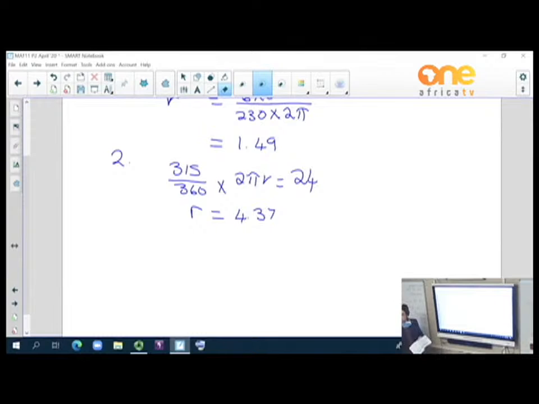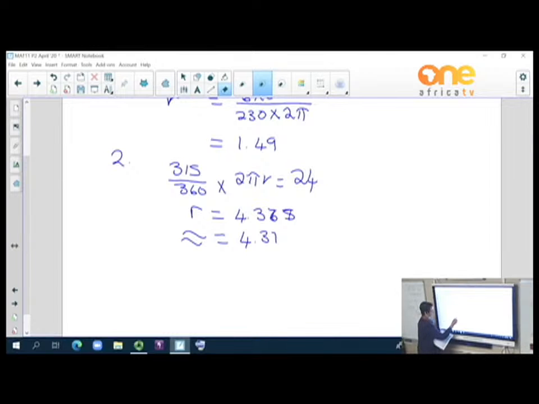But it is important, what was the one that you got before you rounded? 4.365. Okay, but still, we want it because we're going to use it in the next one now. It's 4.37 when you round off. Now they ask for the length of the minor arc SR. What we actually need there is that angle, isn't it? And what is the angle? 360 minus 315.